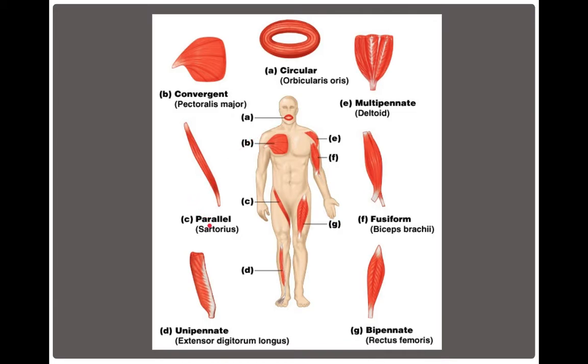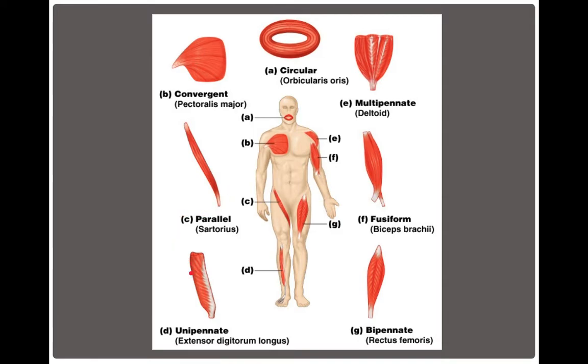Another shape would be parallel muscles. An example of that would be the sartorius muscle, where the muscle fibers all run parallel to each other. So this is not an oblique because it's not a sheet muscle. It is a thin, parallel muscle that accomplishes a specific purpose.